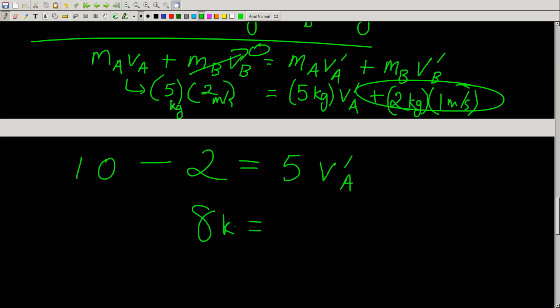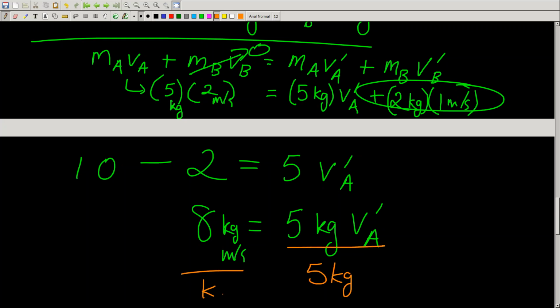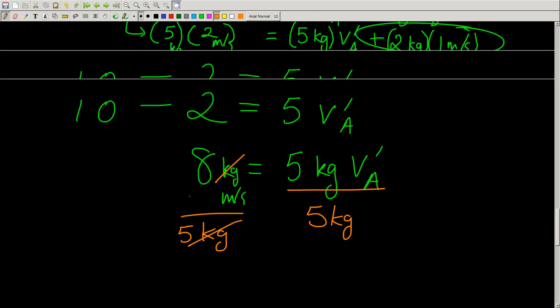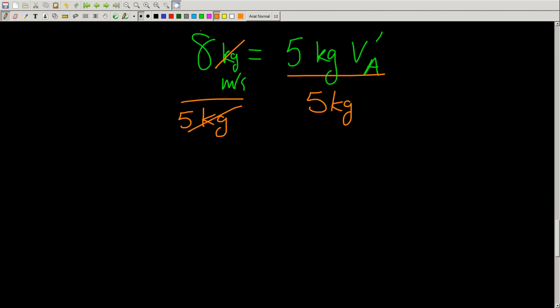And that's in kilograms meters per second. Times 5 kilograms VA prime. All I have to do is divide both sides by 5 kilograms. And I will get the speed, or the velocity, after the actual collision for VA.